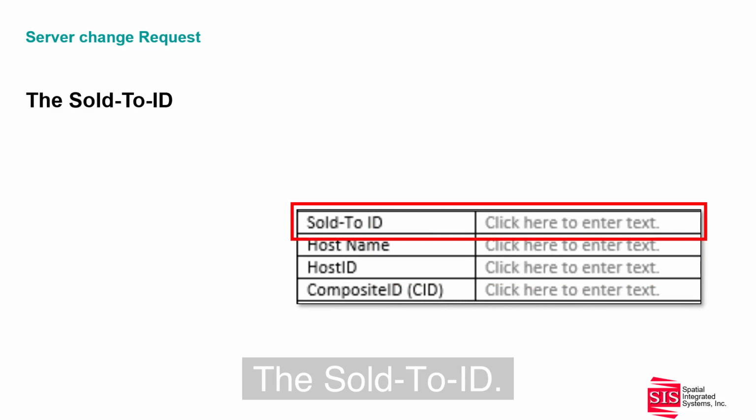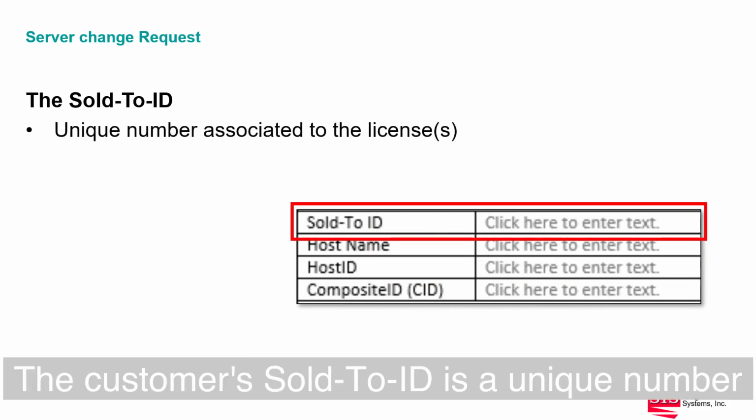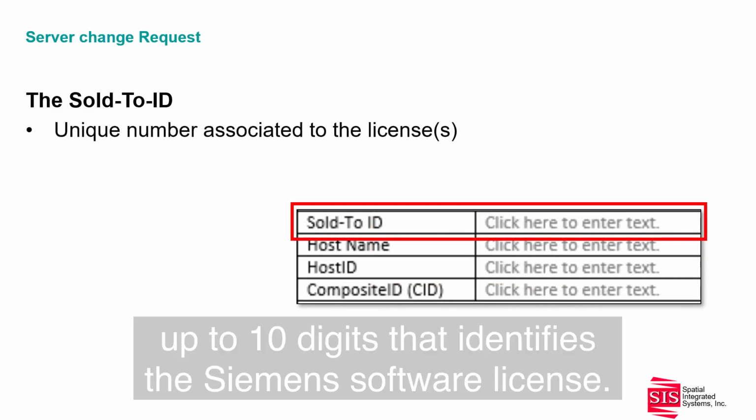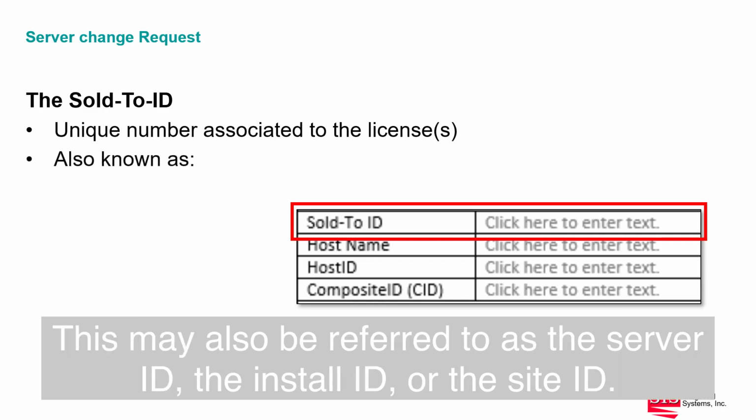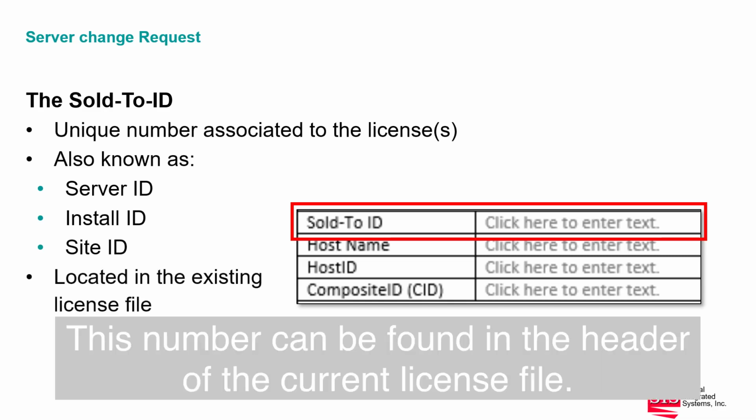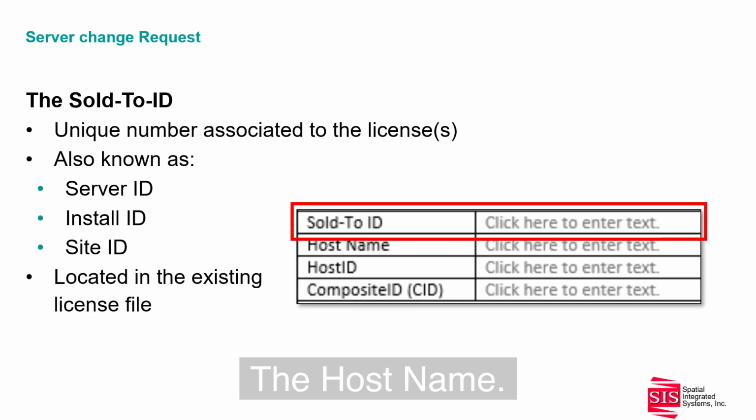The SOL2 ID. The customer SOL2 ID is a unique number up to 10 digits that identifies the Siemens software license. This may also be referred to as the server ID, the install ID, or the site ID. This number can be found in the header of the current license file.